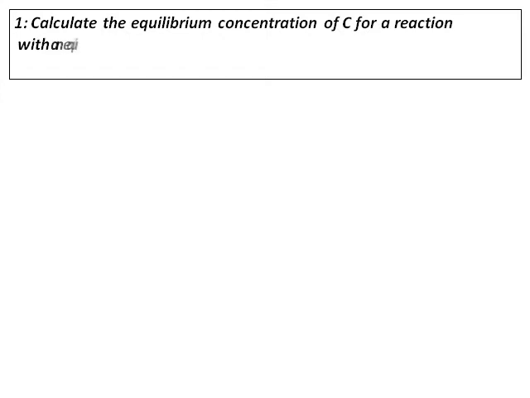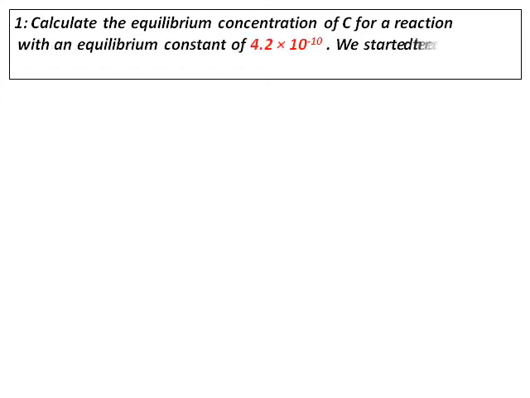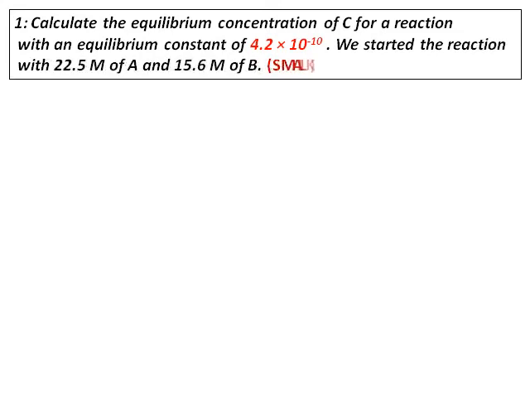We will do the first question on small k. Calculate the equilibrium concentration of C for a reaction with an equilibrium constant of 4.2 times 10 to the power of negative 10. We started the reaction with 22.5 molar of A and 15.6 molar of B. Looking at the equilibrium constant, you know that it is a small k question.